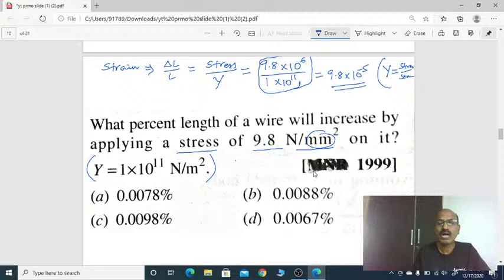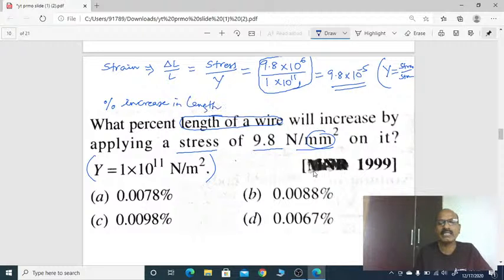The question is, what percentage of length of the wire increases? That is why we chose the strain, because strain is only change in length by original length. Now we need to calculate the percentage increase in length of the wire.